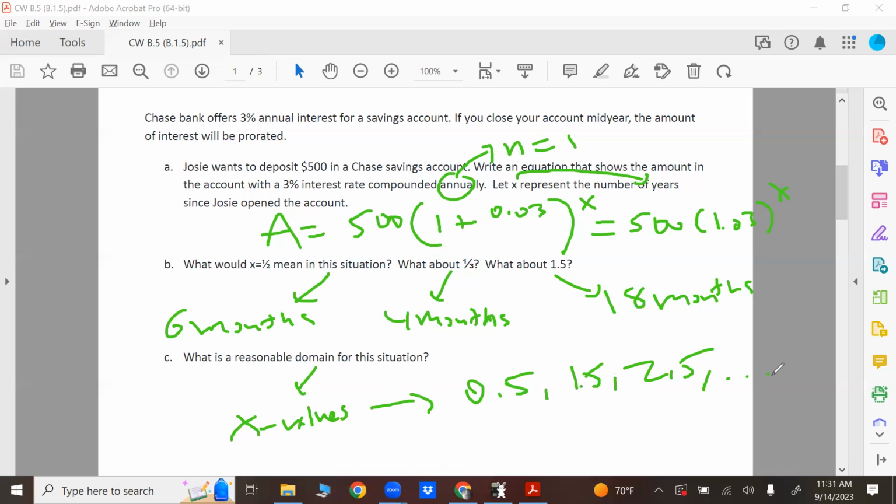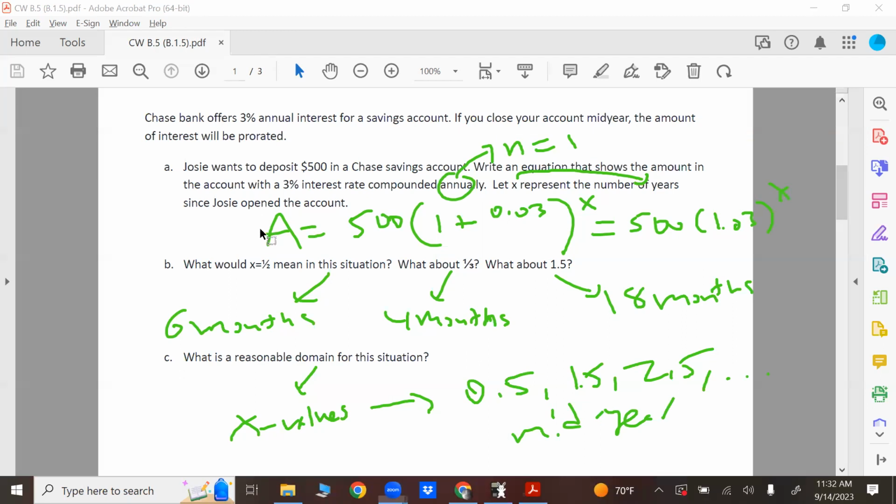So you do 2, that's 2 full years. She's not closing at the end of the year, she's closing at mid-year. So it's going to be a 0.5 somewhere next. That'd be a reasonable domain for that situation. And it can't be negative, because you can't go back in time. But it always has to end in 0.5. So you're dealing with mid-year.